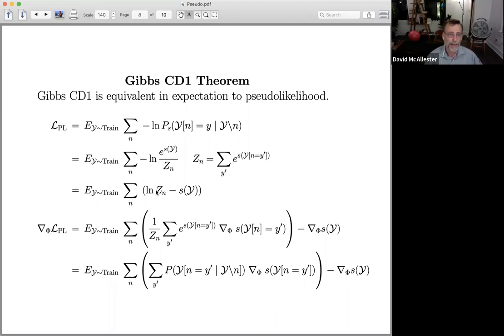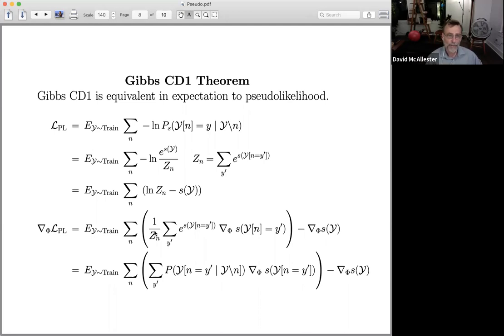And when I take the gradient of log Z, it becomes 1 over Z times the gradient of Z. And the gradient of Z is a sum over y prime of e to the score. And so when I take the derivative, that stays the same, and I get the gradient with respect to phi of this score. And I've still got this term over here, so when I take the gradient, the gradient goes in and I get it in here also.